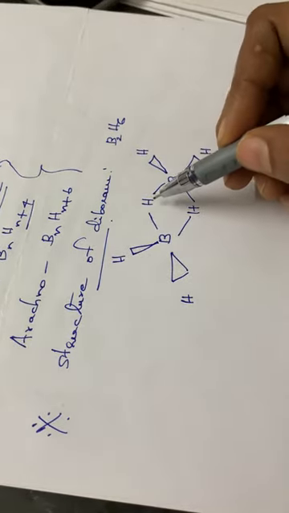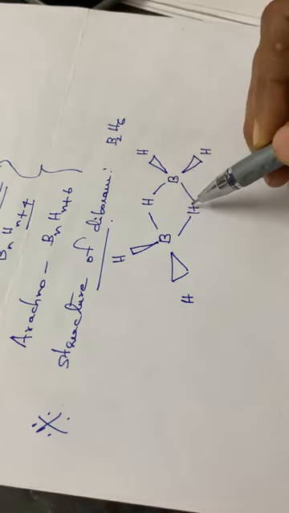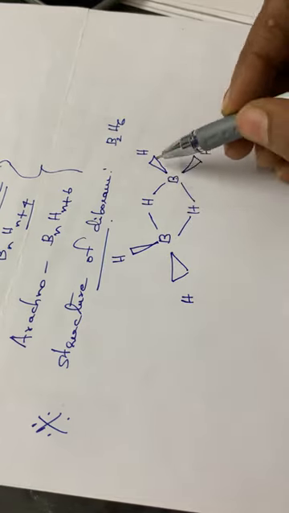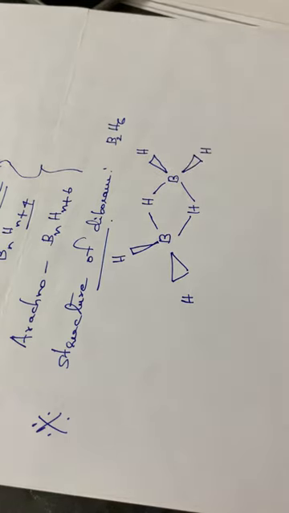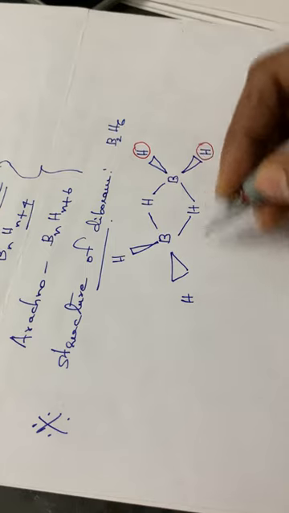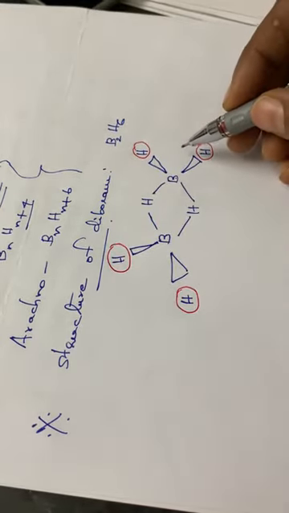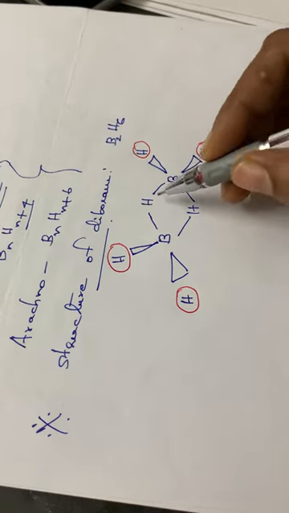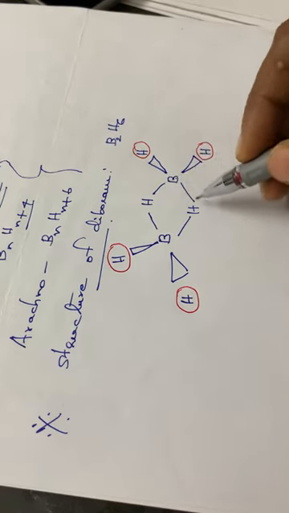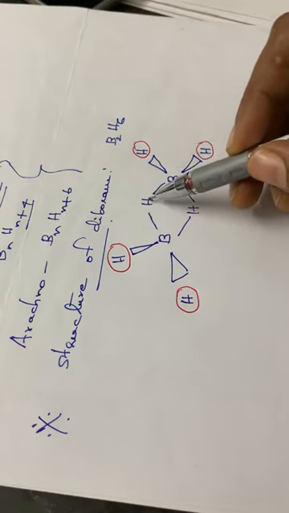See, these 2 boron atoms and 2 hydrogen atoms are lying in the same plane. And again these 4 hydrogen atoms, that is H1, H2, H3, H4, are lying in a plane perpendicular to this BHB bonds.